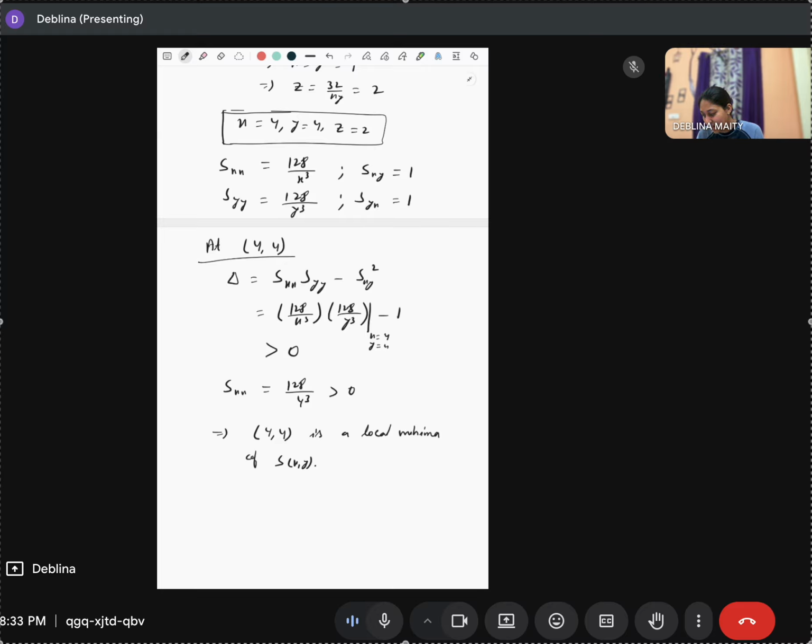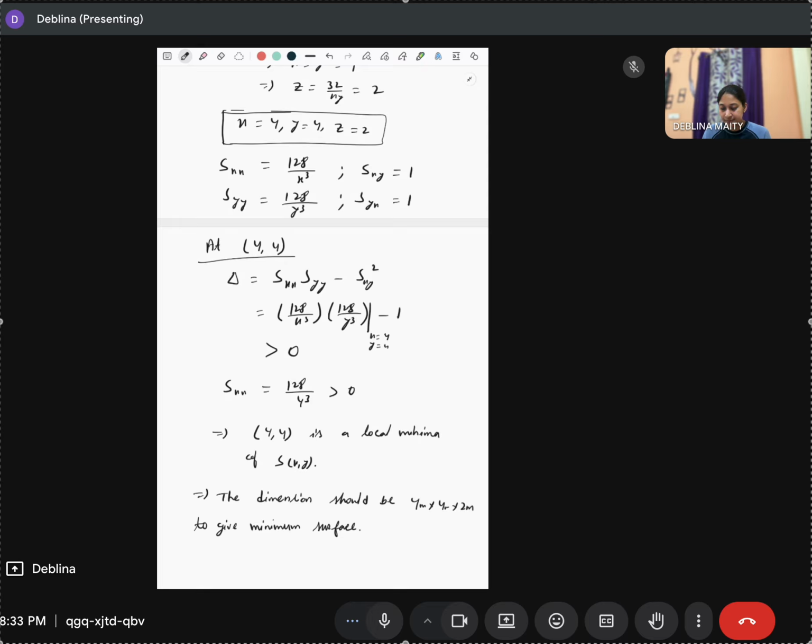This means the dimension should be 4 meter by 4 meter by 2 meter to give the minimum surface.